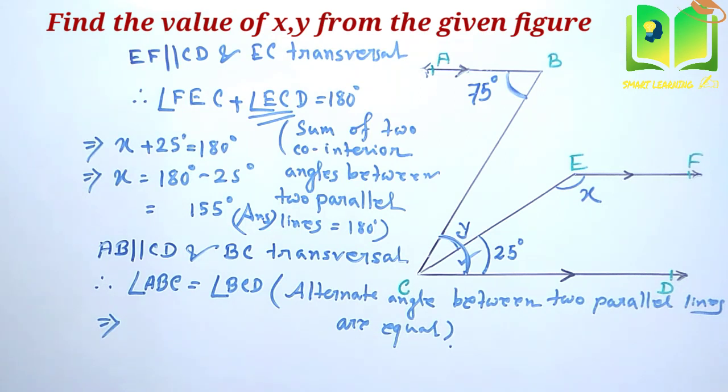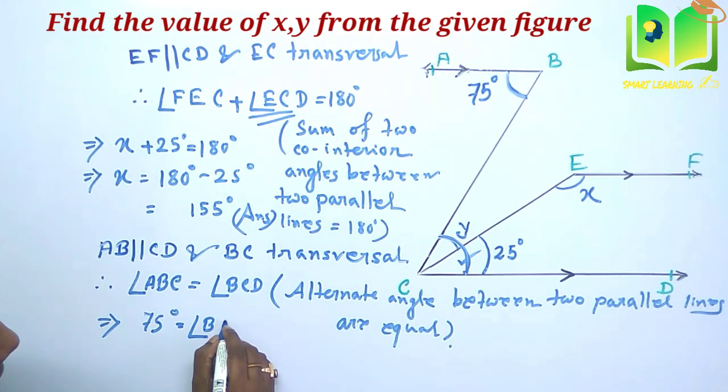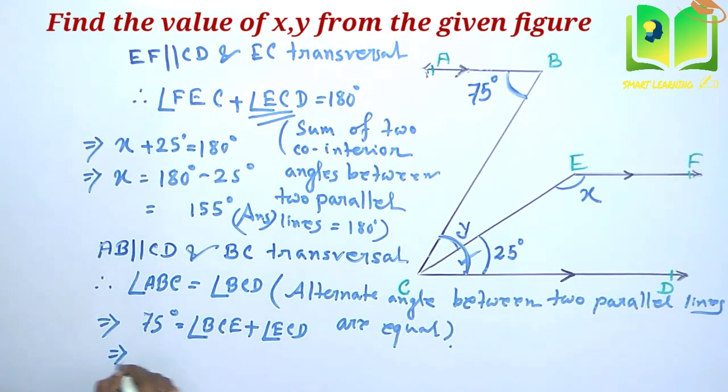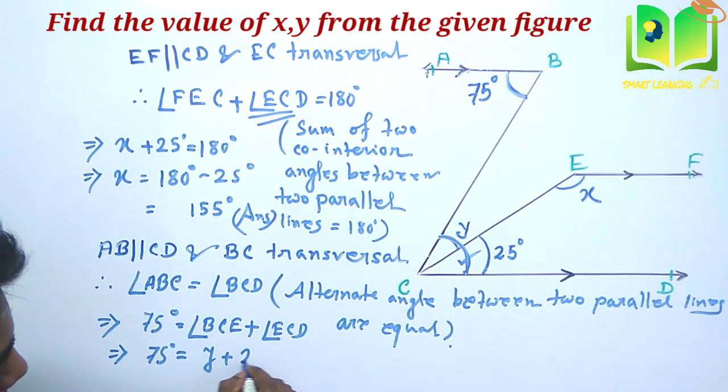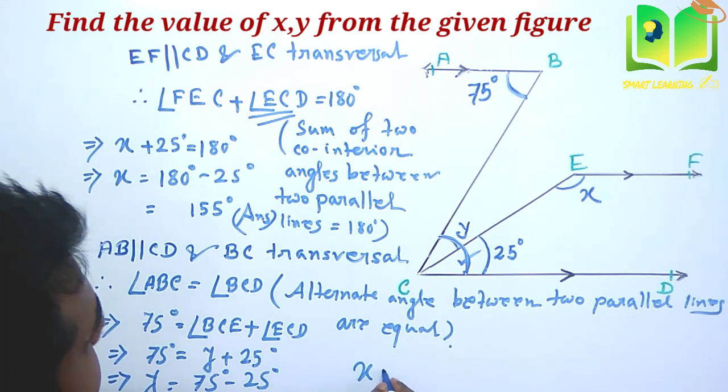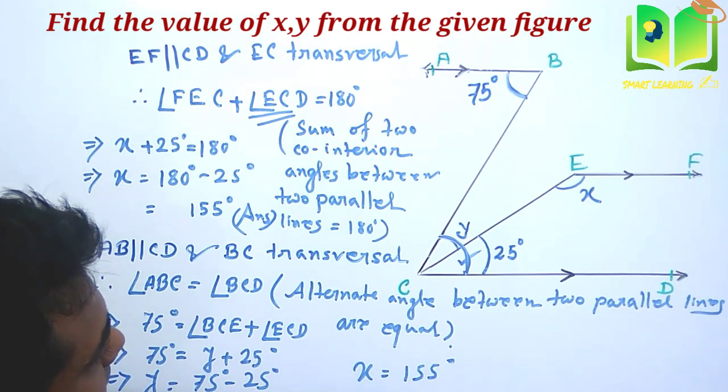So this implies 75 degree equals value of BCD, what? Value of BCD is angle BCE plus angle ECD. This implies 75 degree equals y plus 25 degree. So this implies y equals 75 degree minus 25 degree equals 50 degree. So your answer is x is 155 and y is 50 degree.